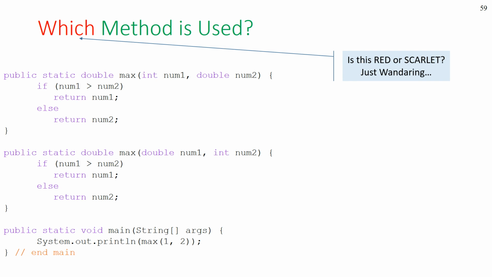Yes, I could make a version of max that takes 2 double arguments, but I'm setting up the problem so we have one that takes an int and a double, and the other takes a double and then the int. We're not going to change that, but yes, if I want, I could have a third version that, for example, takes double and double. It's perfectly allowed.